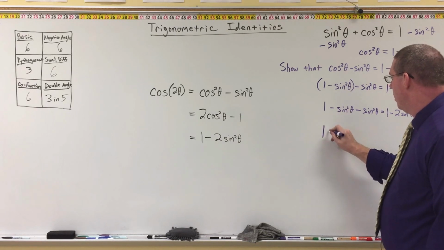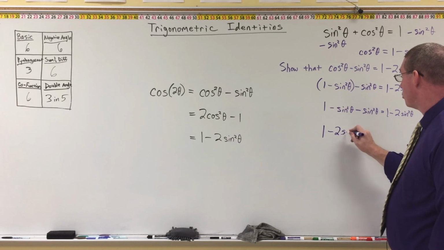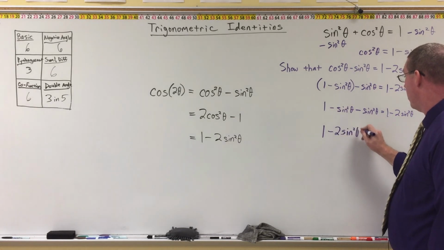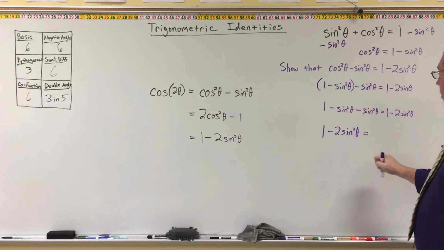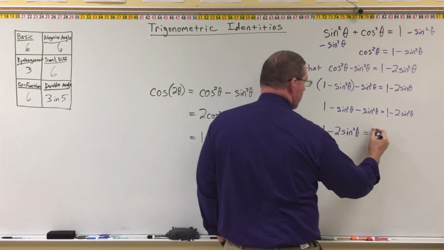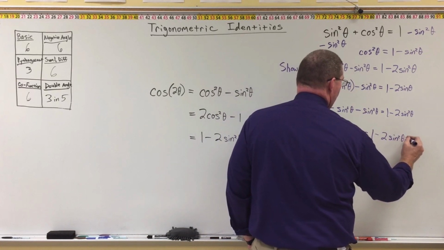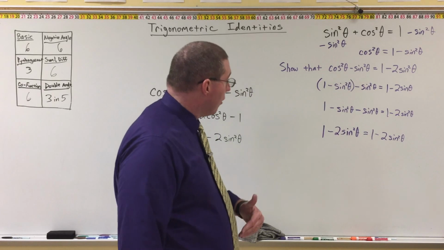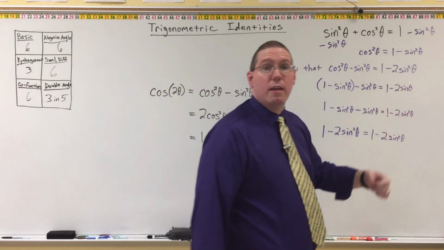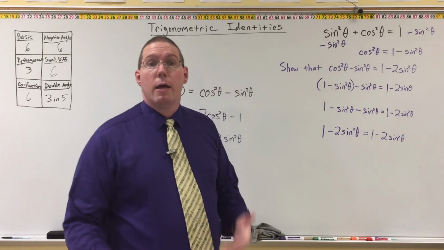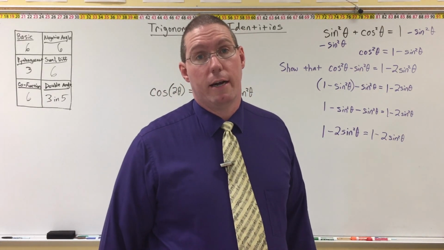So this is 1 minus 2 of these. There are 2 sine squared of thetas, right? So this side is 1 minus 2 sine squared of theta. And look what we have over here, the exact same thing: 1 minus 2 sine squared of theta. We have just verified that these are both equal to each other by removing things and putting other things in. And that's basically how trigonometric identities work.